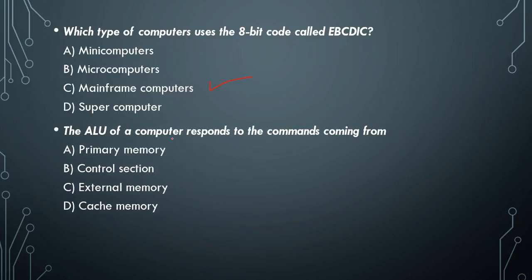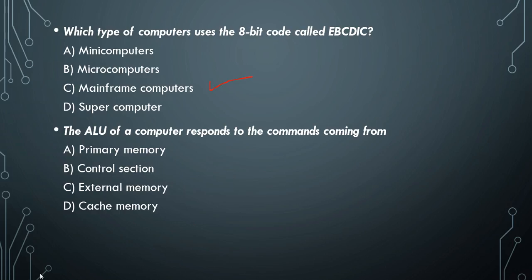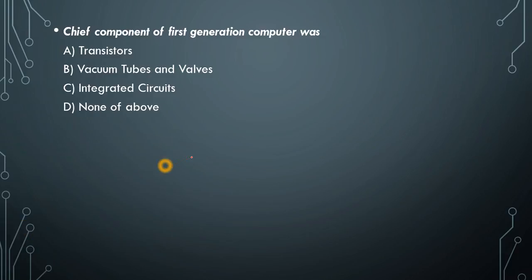Now the ALU of a computer responds to the commands coming from... So the answer to this question is the control section. Control section is the answer. So now, the chief component of first generation computers was... Look, as I told you, we got our first generation, and that was vacuum tubes and valves.